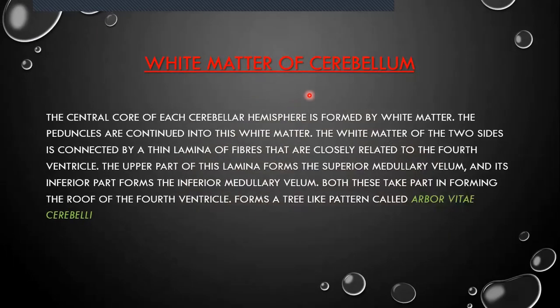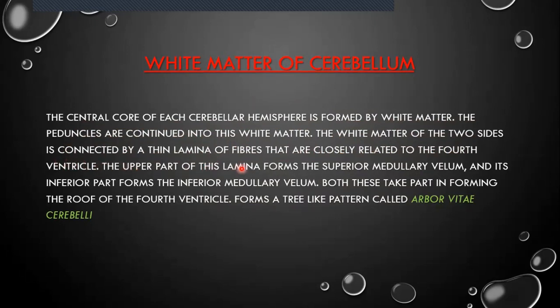Now the white matter of cerebellum. The central core of each cerebellar hemisphere is formed by white matter. The peduncles are continued into this white matter. The white matter of the two sides is connected by a thin lamina of fibers that are closely related to the fourth ventricle.